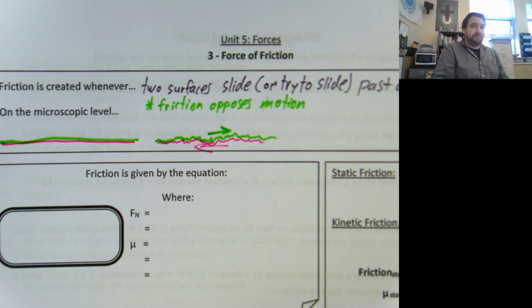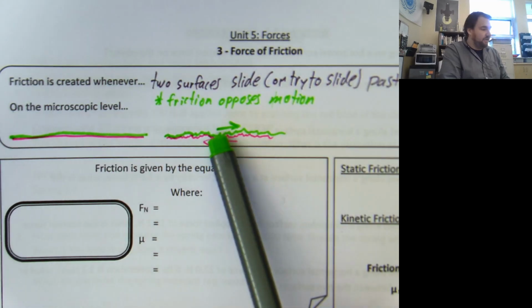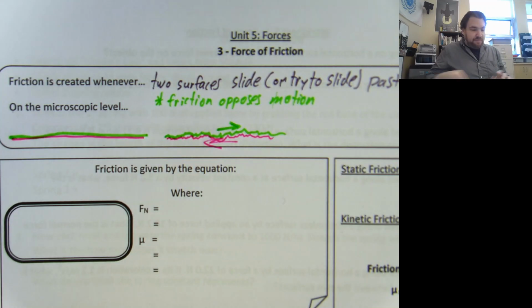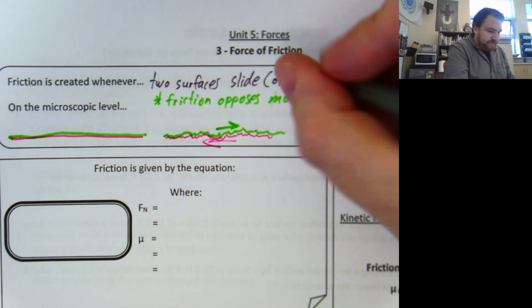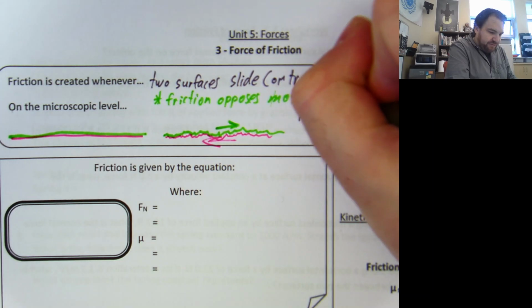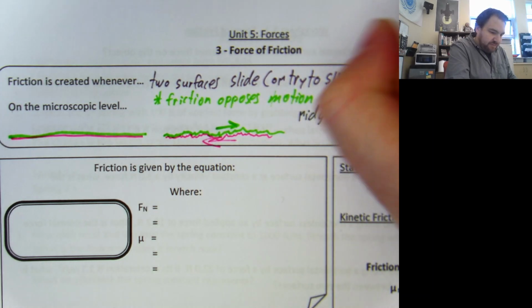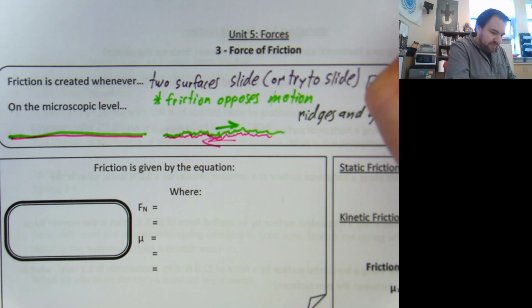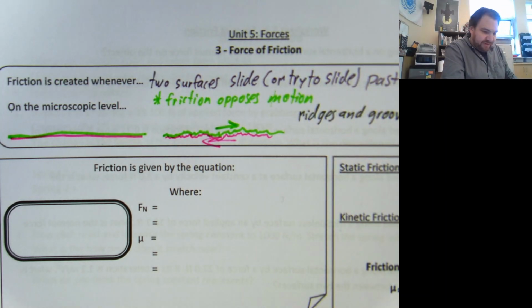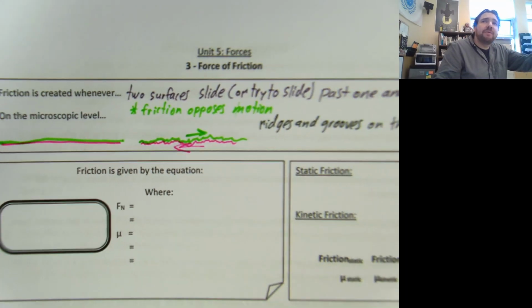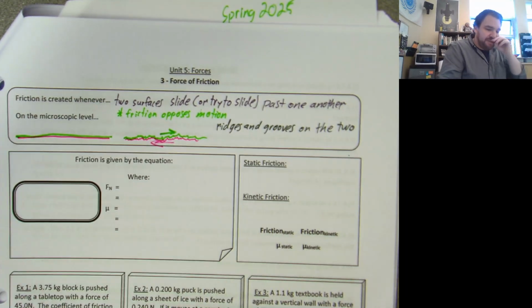are interlocked. So at the microscopic level, this is what you have, and I'll write out words here to explain it. The ridges and grooves on the two surfaces lock together. Oh, I'm not even on the page. There we go. My apologies.